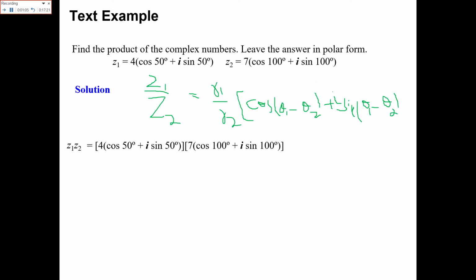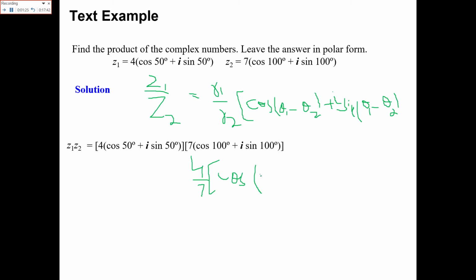Now here the r1 and r2 are 4 and 7. So this is 4 divided by 7 into cos (theta 1 is 50 and theta 2 is 100.